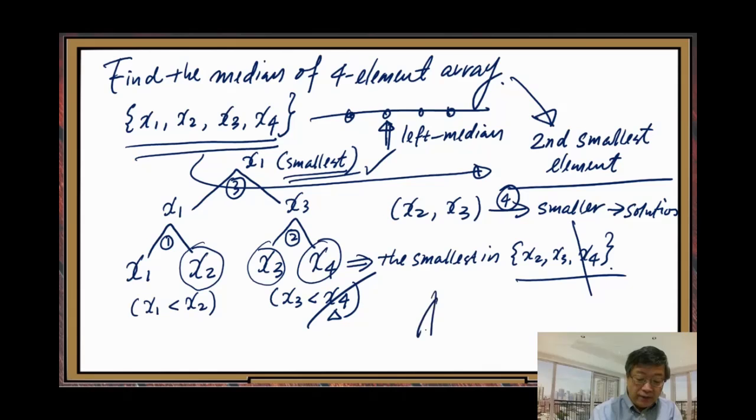So finally, the answer for finding the median of 4 elements is 4 comparisons. A little trickier than the previous one, but I think you can handle it. All right, so let us finish all the examples in part A.